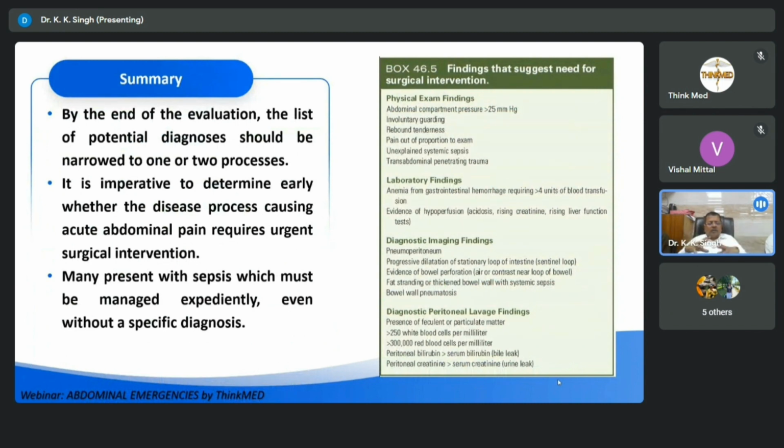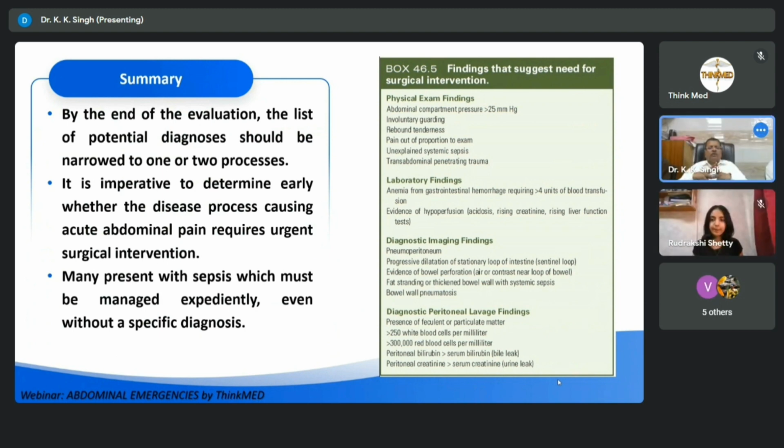Now at the end of this, you will have to make a differential diagnosis. Differential diagnosis means, in the present clinical scenario, what are the possible diseases which can mimic this clinical scenario. Then you rule out some conditions, you ask negative questions, and then you make a provisional diagnosis.